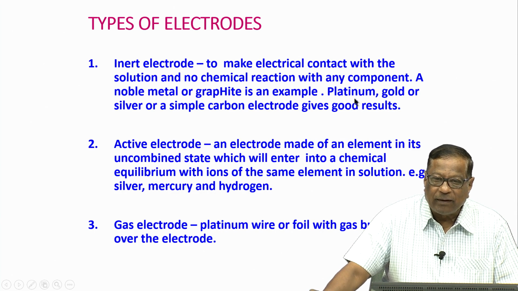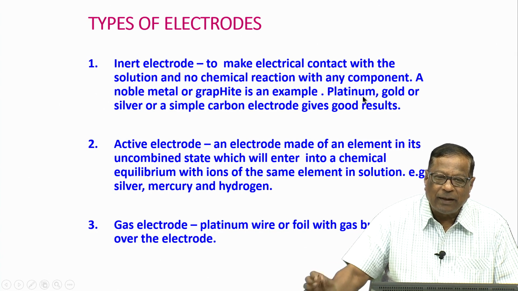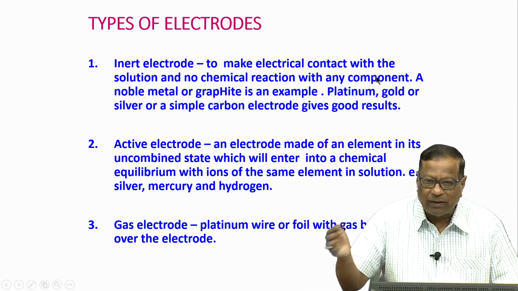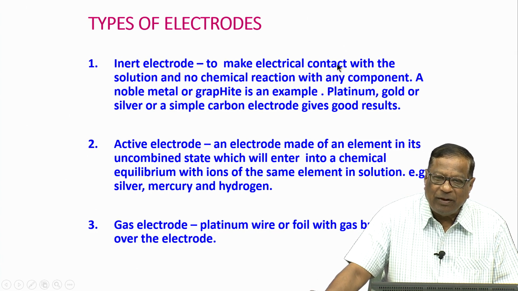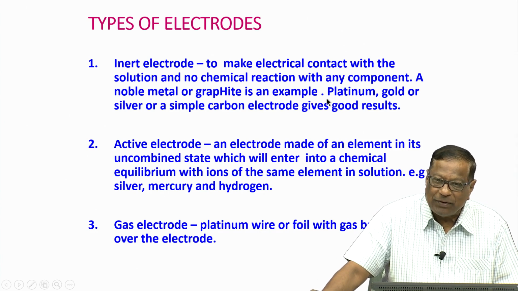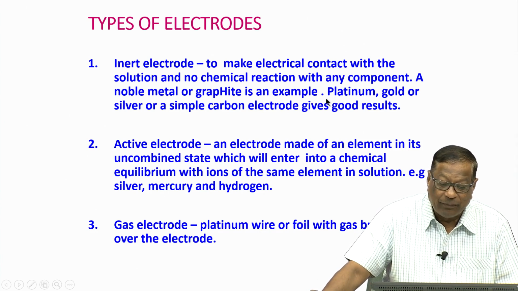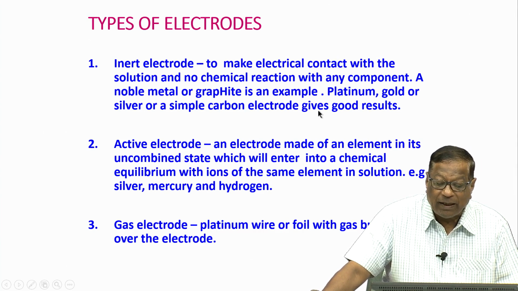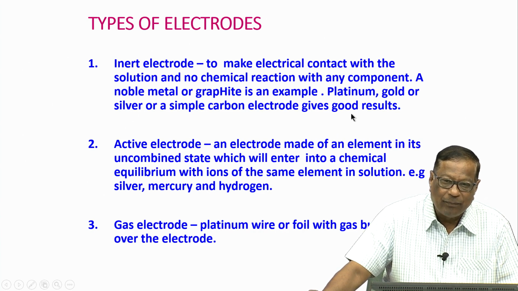You know graphite, a lot of writing pencils use a graphite cylinder in the pencil, and that also can be used as an inert electrode. So, platinum, gold or silver or a simple carbon electrode gives good results as an inert electrode.